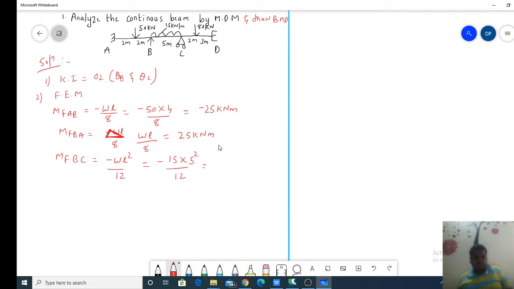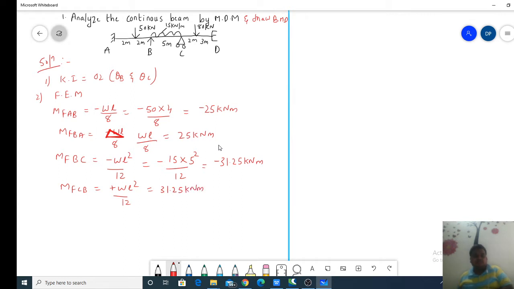If you calculate 15 into 5 square upon 12, this comes out to be minus 31.25 kilonewton meter. Similarly MFCB will be plus WL square upon 12, so this comes out to be plus 31.25.